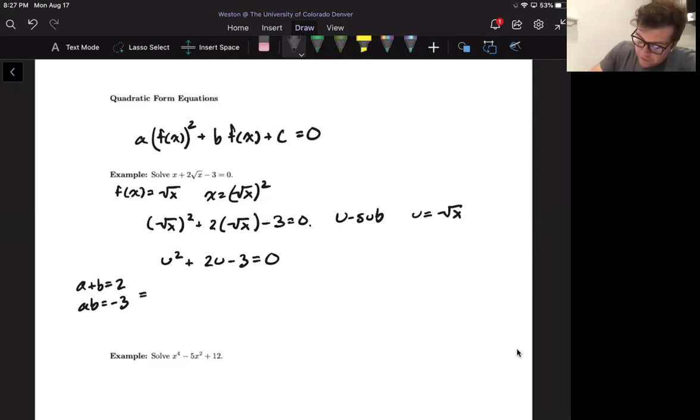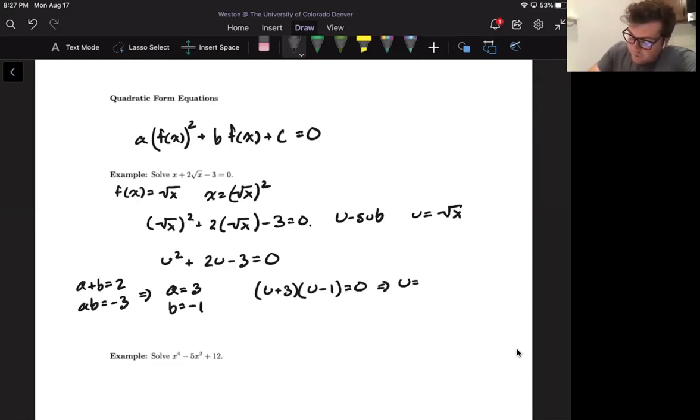Hopefully it's pretty easy to see that a will be 3 and b will be -1. And therefore we can factor this equation as u plus 3 and u minus 1 equals 0. So that tells us that our solutions are u equals -3 and u equals 1.